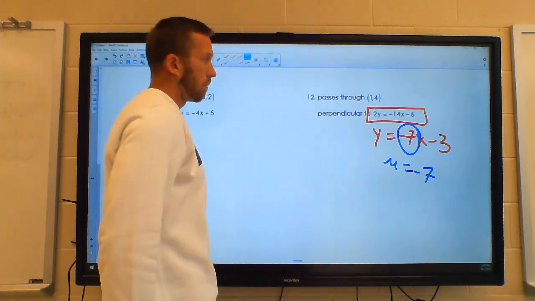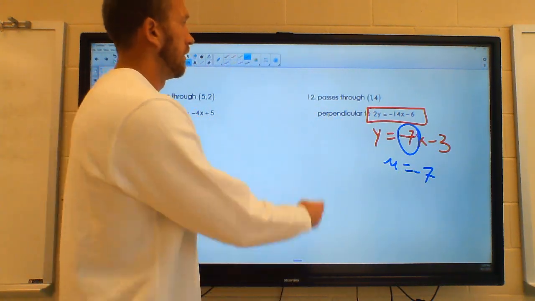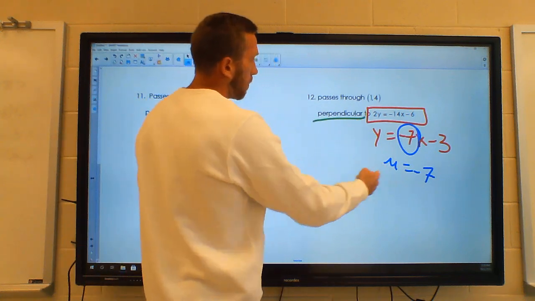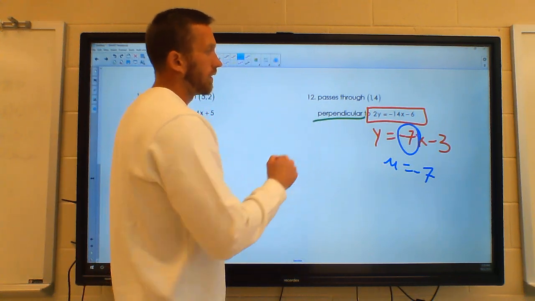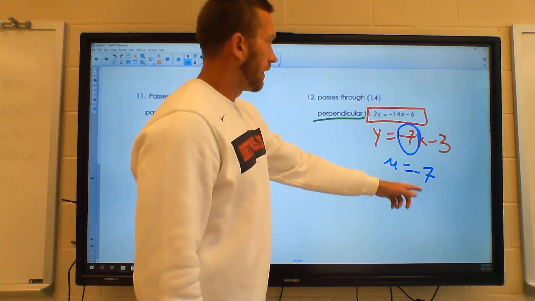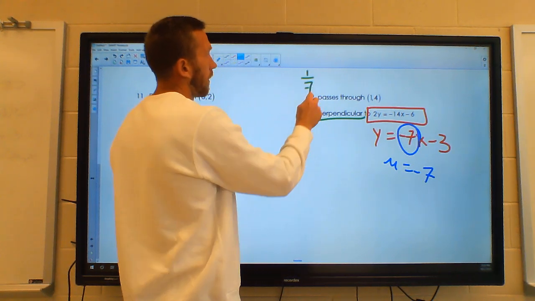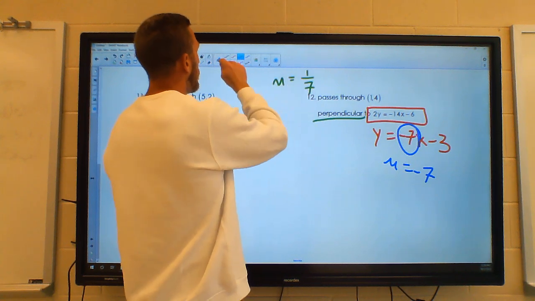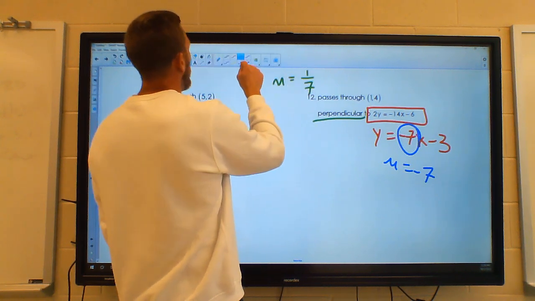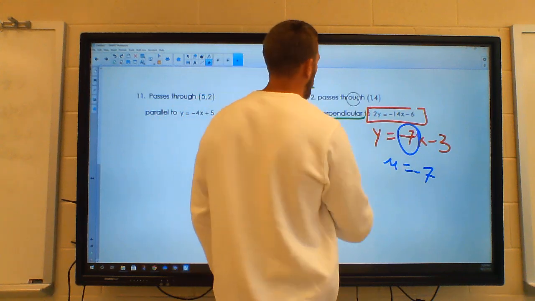This is not our slope. This is the slope of that line. We want our slope to be perpendicular to that. Remember, perpendicular means they're negative reciprocals. So the negative reciprocal of that would be positive 1/7. Okay? So our slope is positive 1/7 because it is the negative reciprocal of this.